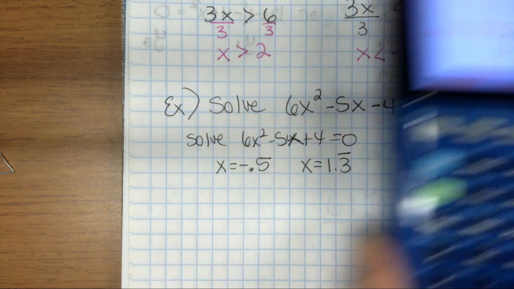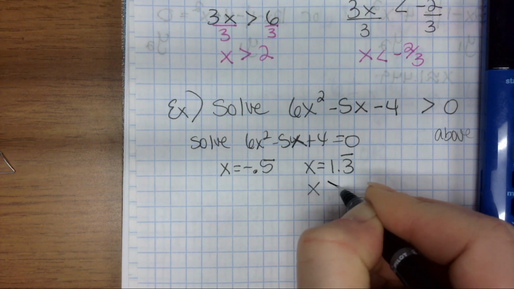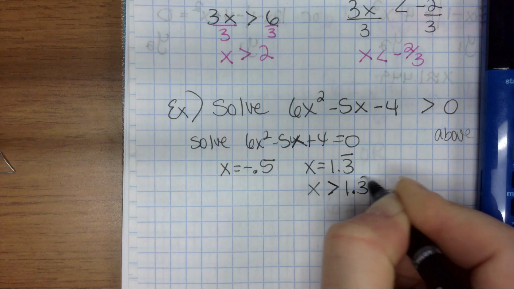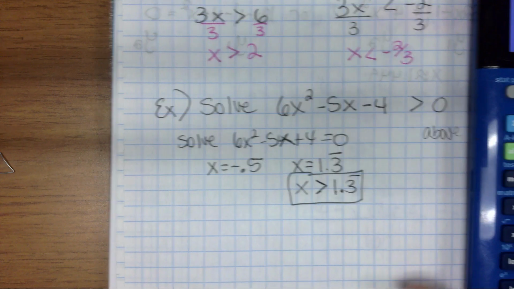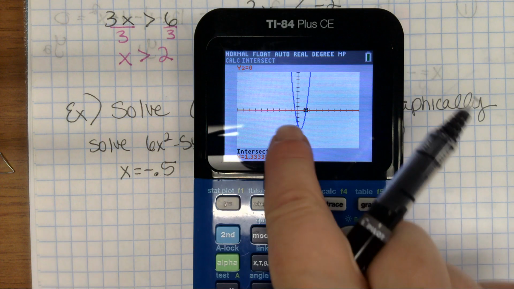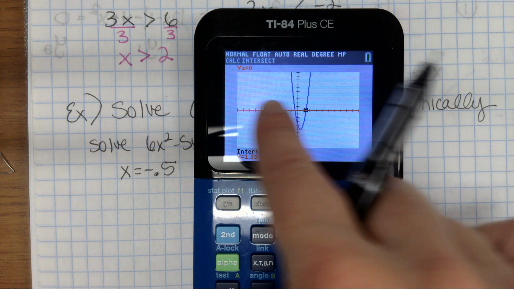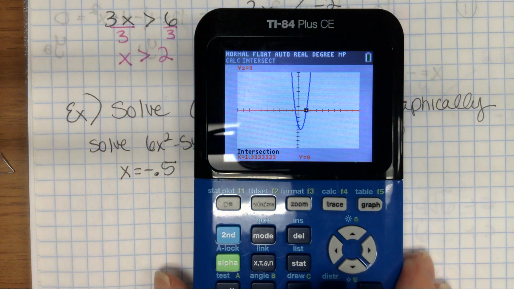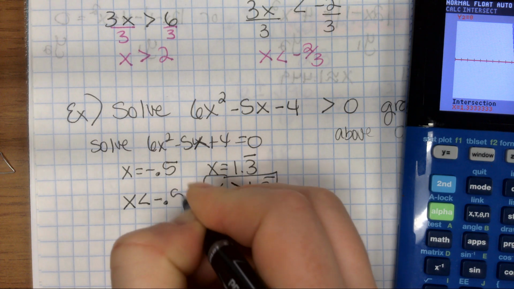So I would say for this one, the solution is x has to be greater than 1.3 repeating. And the other one is before this value, because when x is less than this value, then the graph is also above the x-axis. So I'm going to say x is less than negative 0.5.